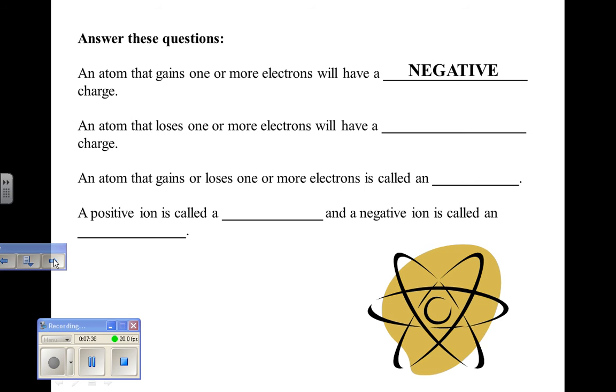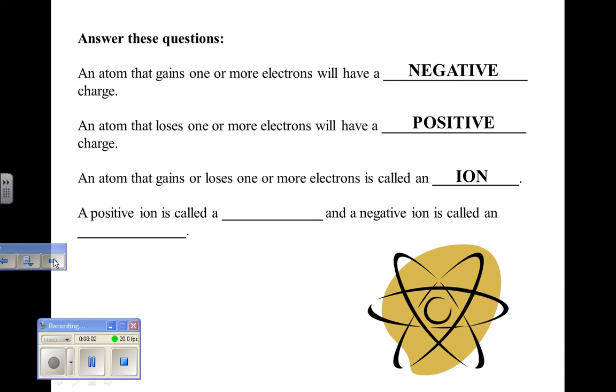An atom that gains or loses 1 or more electrons is called, does anyone remember this from their notes? Ion. Okay, these 2 words are new. A positive ion is called a cation. Cation.